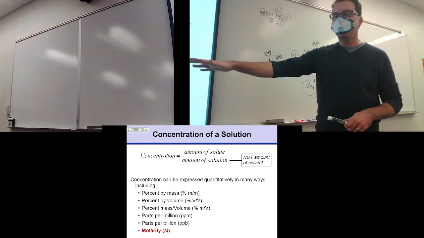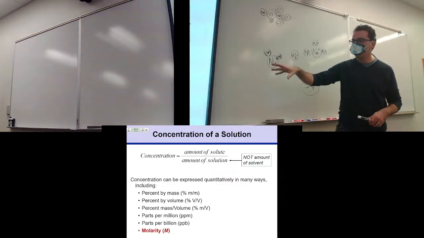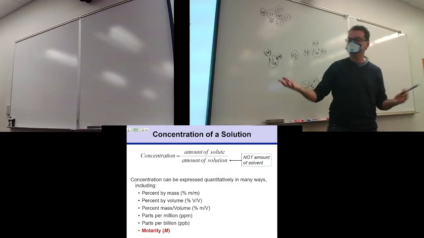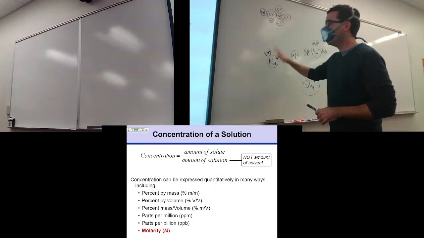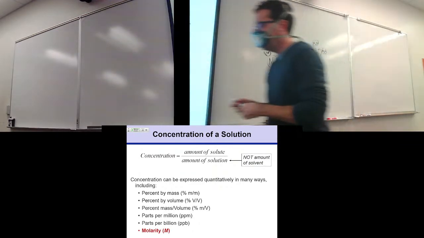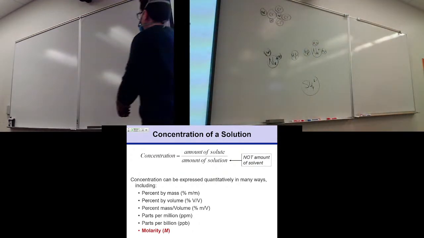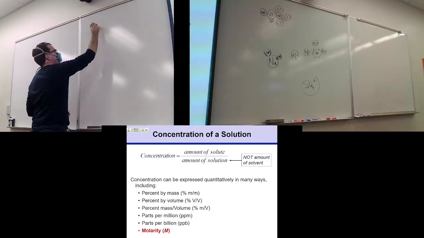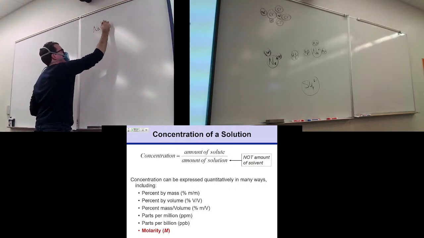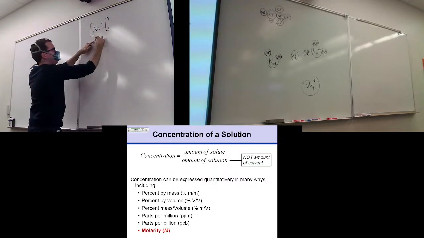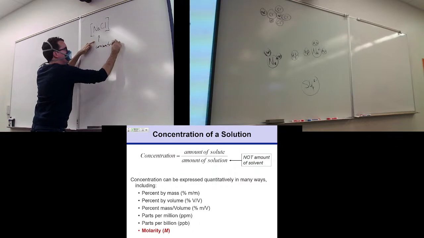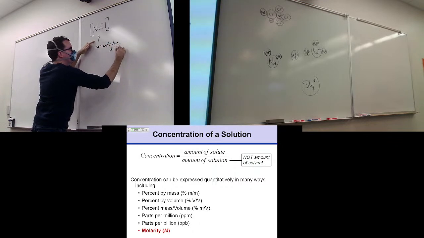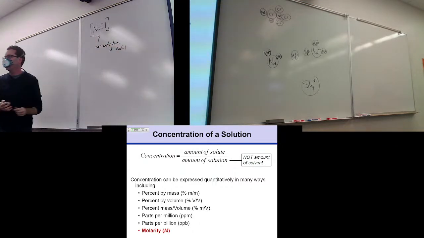If you wanted to define a concentration in an equation, as a variable, it's often a C. Another way you'll see it is written in brackets. If you ever see something like NaCl with a square bracket around it, this stands for the concentration of NaCl. So you'll see these in equations as well.